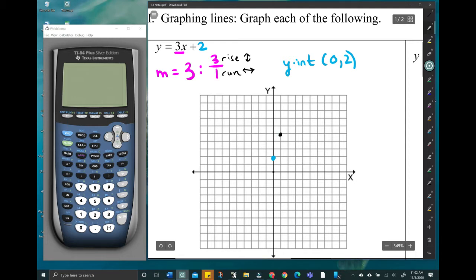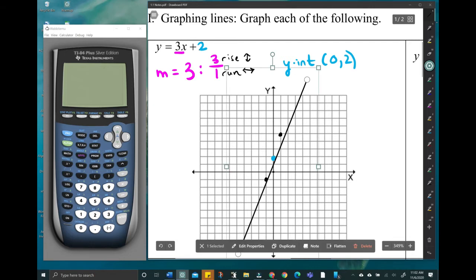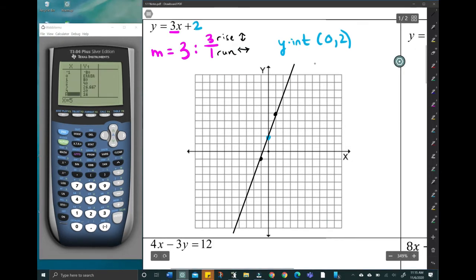You should do it in the opposite direction as well, and you could do it a few more times, once or twice. Once you have it plotted, then you can connect them, ideally with a ruler. I have a fancy tool here, but if you don't have that, that's perfectly fine. So 3 over 1, do the best you can to connect the points. So remember, y-intercept first, and then rise over run.